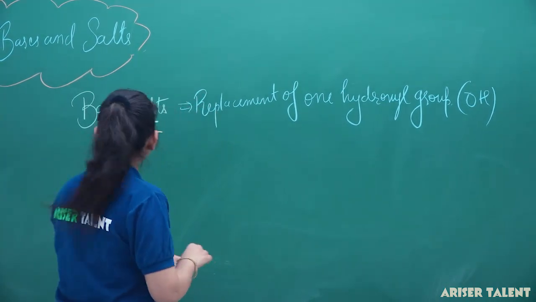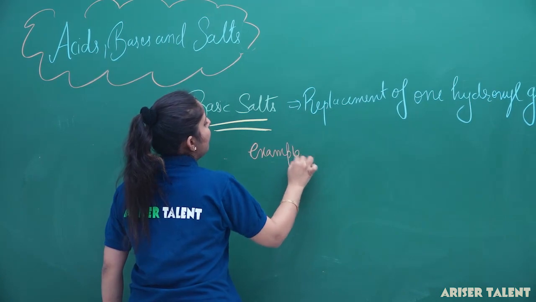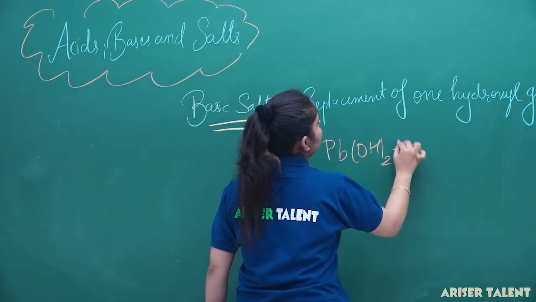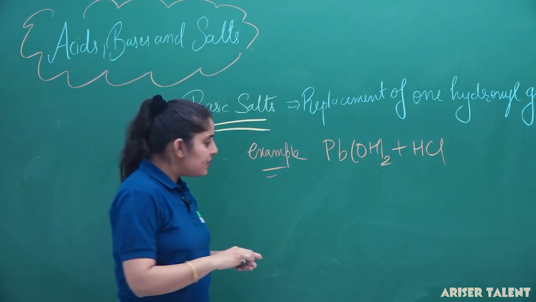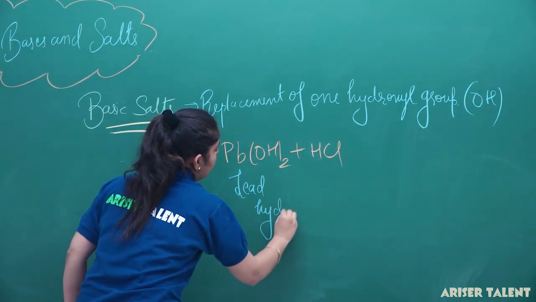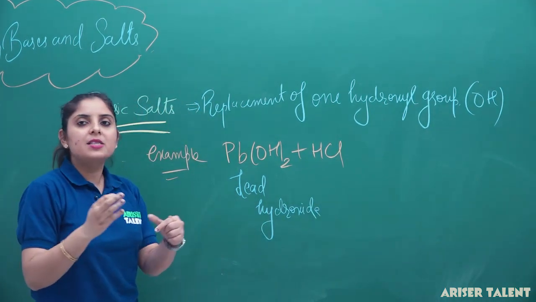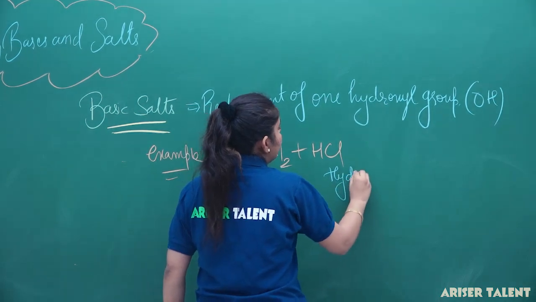Let us understand this with the help of a very simple example. Let us suppose I am reacting Pb(OH)2 with HCl. Now, Pb(OH)2 is a base, that is lead hydroxide. We are reacting it with the acid because acid plus base is going to give you the salt. This is our hydrochloric acid.